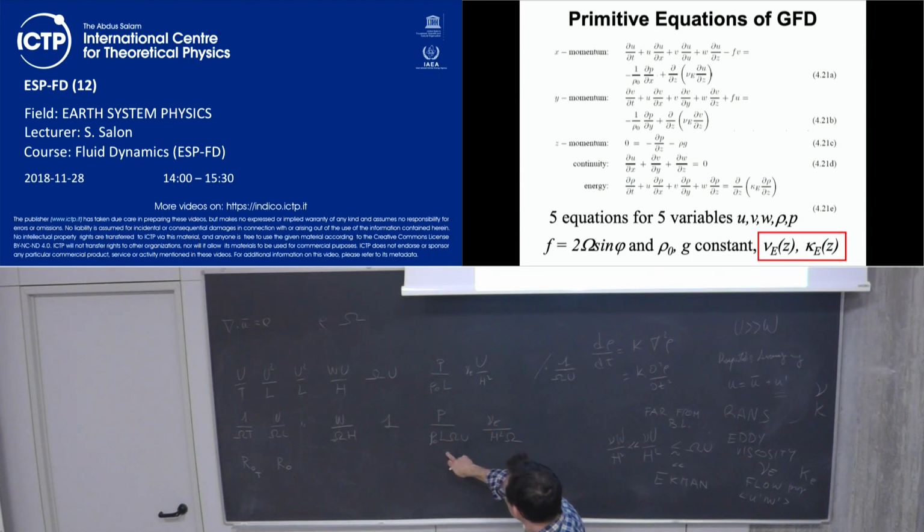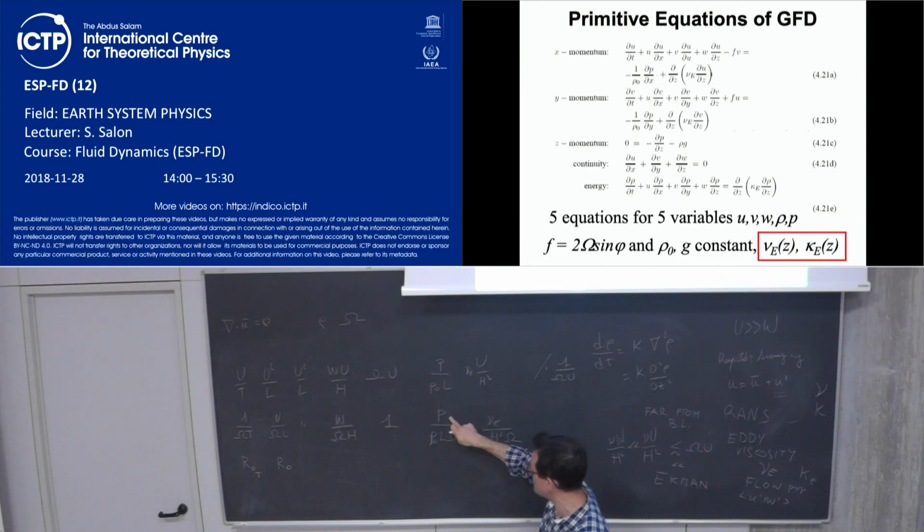This practically will give us a scale for the dynamic pressure, which is rho 0 L omega U. If all these terms here, for example, are much smaller than 1, I just take a balance of this and this, and I can extract a scale for P, because I have one order of this one.